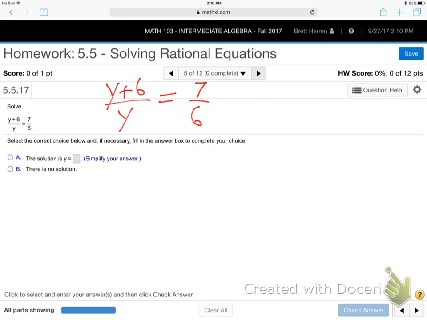The common denominator is 6y, right? You with me? So 6y, 6y. So cross cancel and multiply whatever's left over.